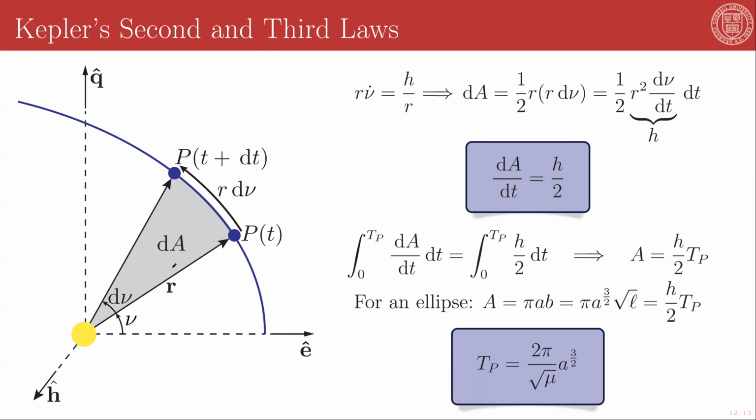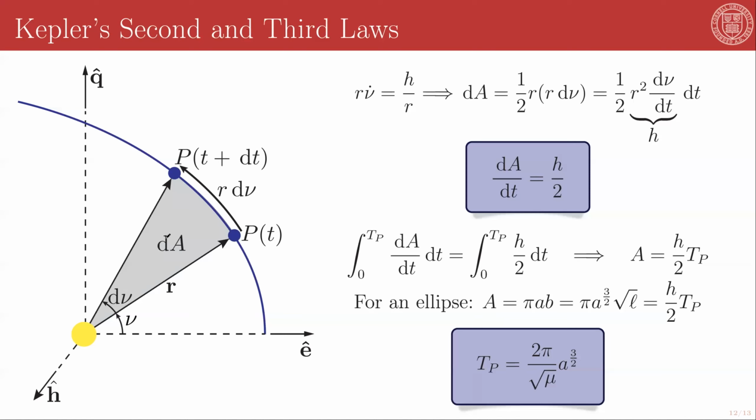So here we have an infinitesimal change in nu, which we will call d nu, leading to a swept out area dA, and it will have an arc length along the orbit of r d nu, which takes us from a point p at time t to the point on the orbit at some infinitesimal time dt later.